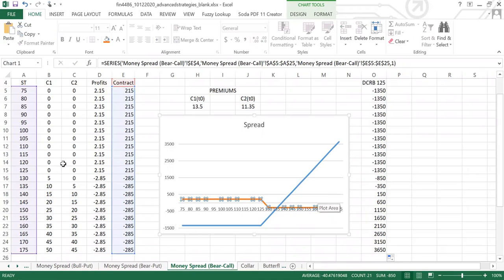But even though this bear spread is built with call options, it is still a bear spread. So in a bear spread, you're gaining money if the stock price moves down, you're losing money if the stock price moves up. Completely the opposite to what happens if you're long in a call option. Okay, so I hope this is helpful.